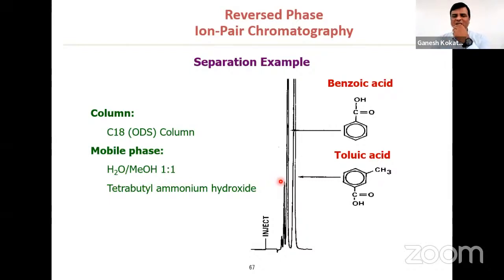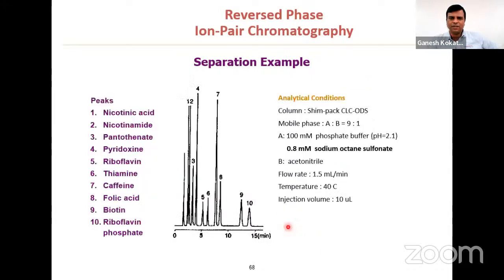I'm taking the example of two moieties like benzoic acid or toluic acid. If I'm using a C18 column and the mobile phase is obviously 50-50 water and methanol, and tetrabutyl ammonium hydroxide has been used. In that ion pairing reagent, nicotinic acid, biotin, folic acid, caffeine, thiamine, those different components are there, but I need to separate each and every component.